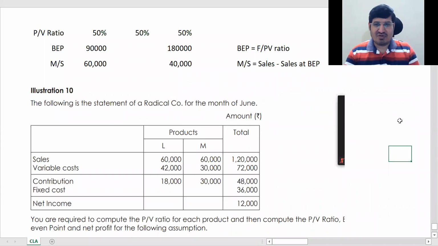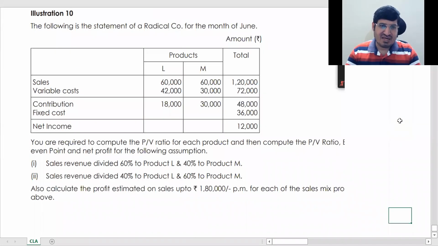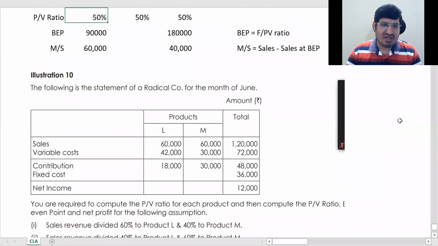Okay, so can you see this problem? Problem 10 here. So what we have to do here is, see, just the first point is PV ratio.